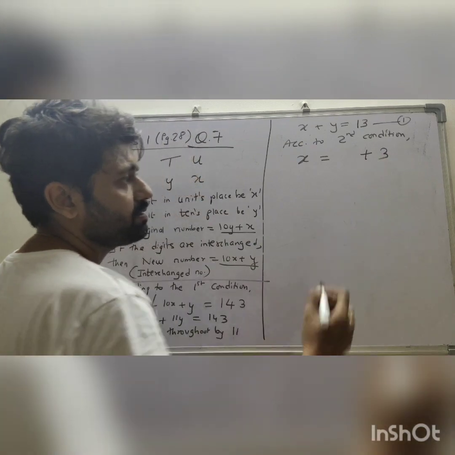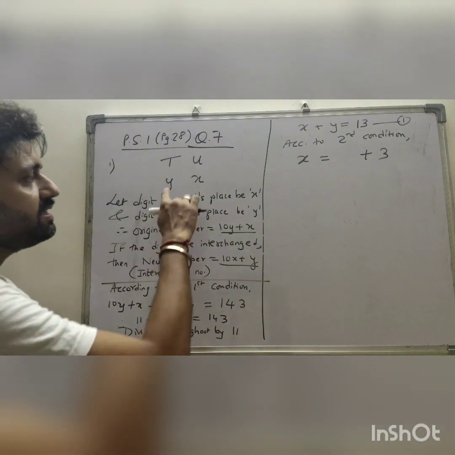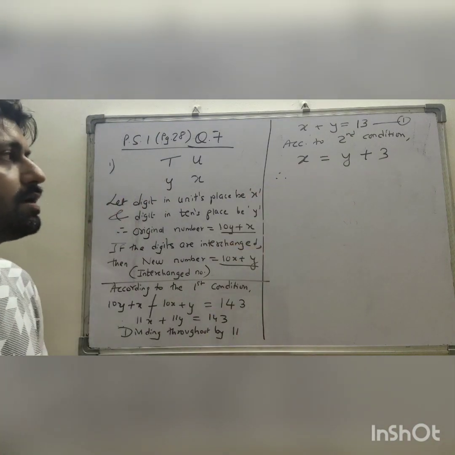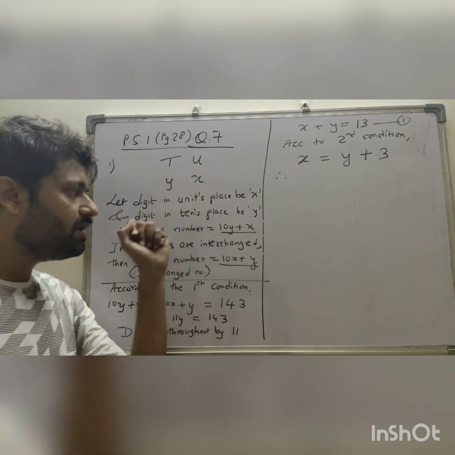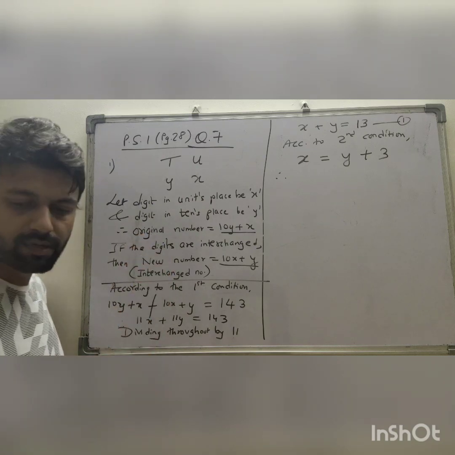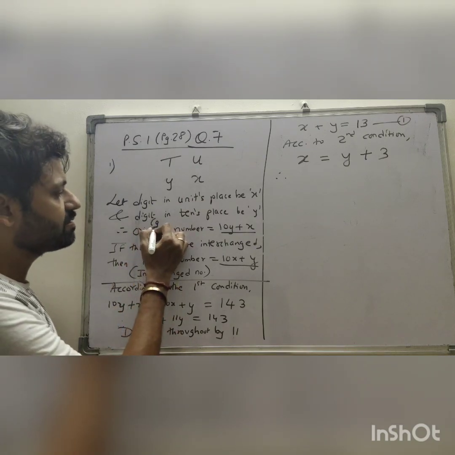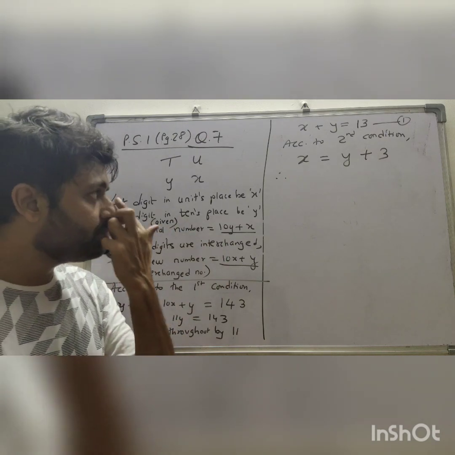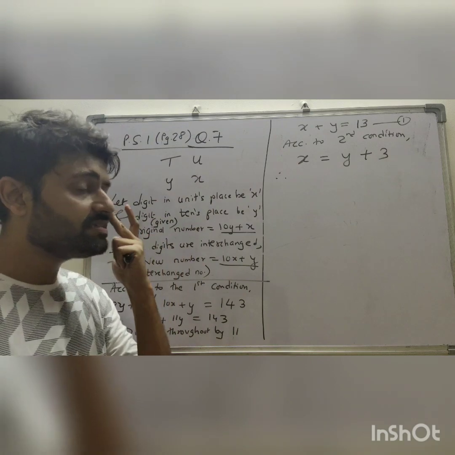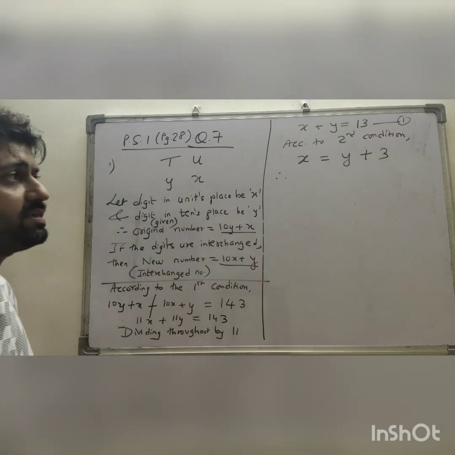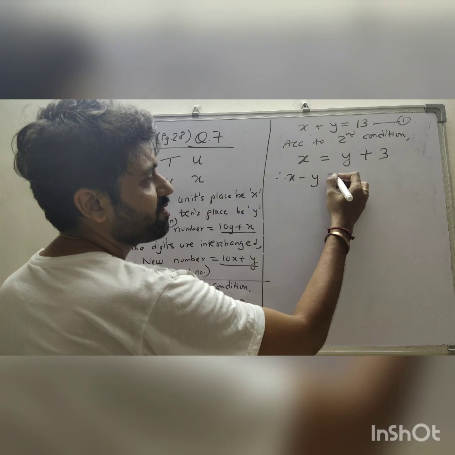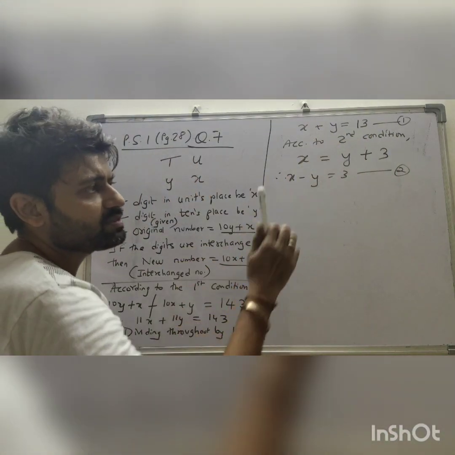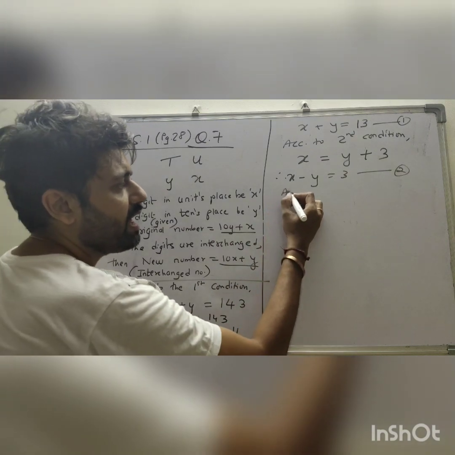In this given number, which is the original number, the digit in the units place is 3 more than the digit in the tens place. We get x minus y is equals to 3, equation number 2. These are two very simple equations to be solved.